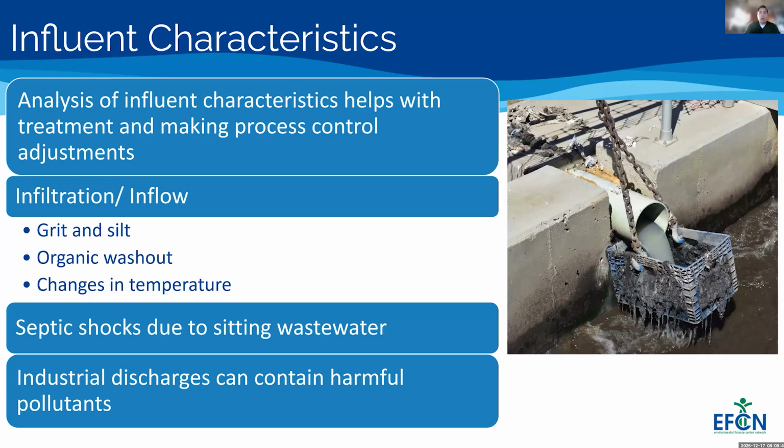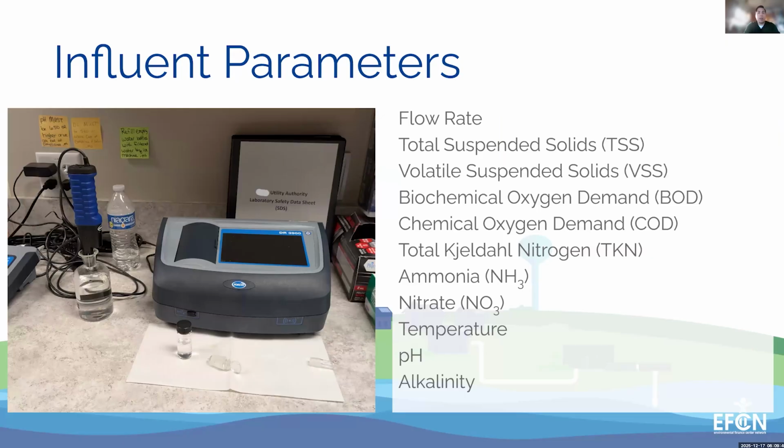Now, like I said, we're going to mention a lot of parameters that we've mentioned before. Here are our influent parameters that we like to take into account. They include flow rate, total suspended solids, volatile suspended solids, biochemical oxygen demand, chemical oxygen demand, total Kjeldahl nitrogen, and ammonia and nitrate.